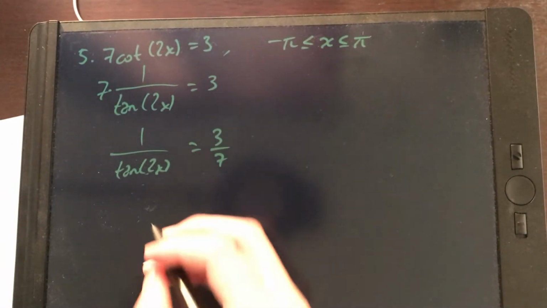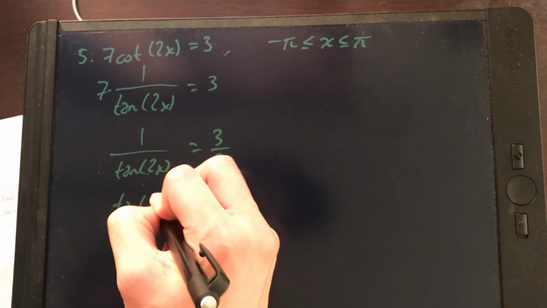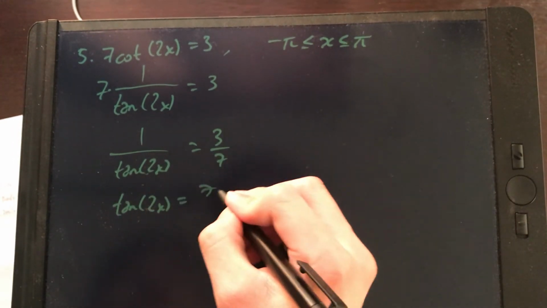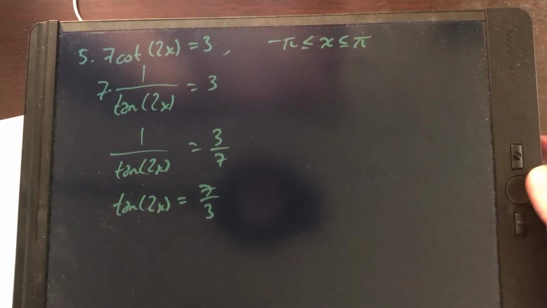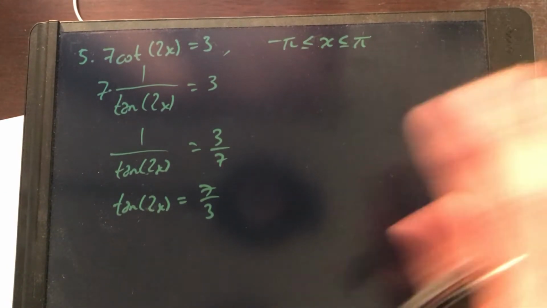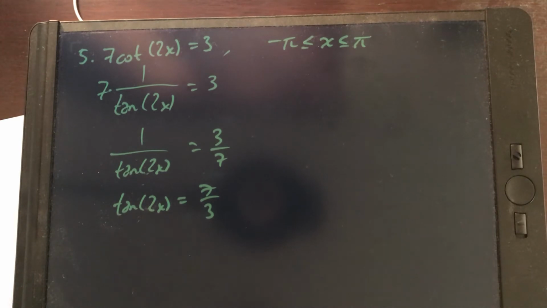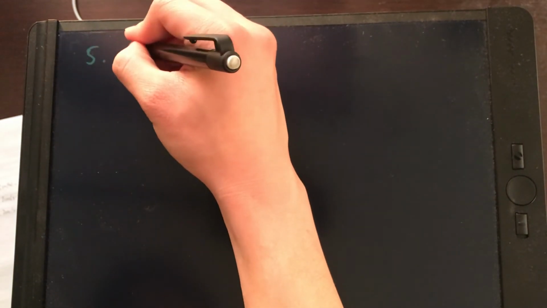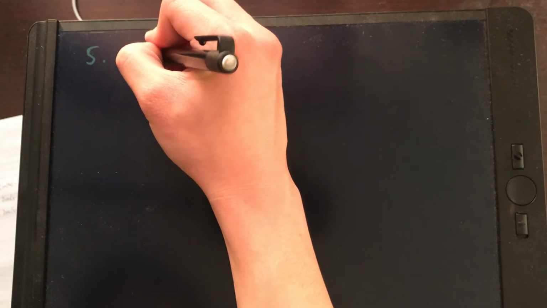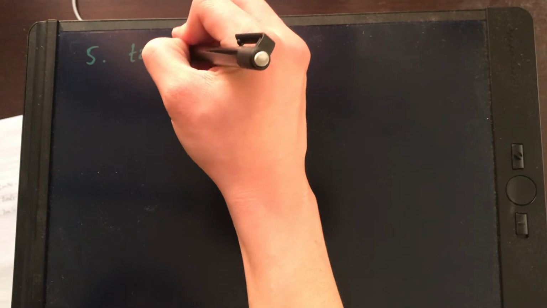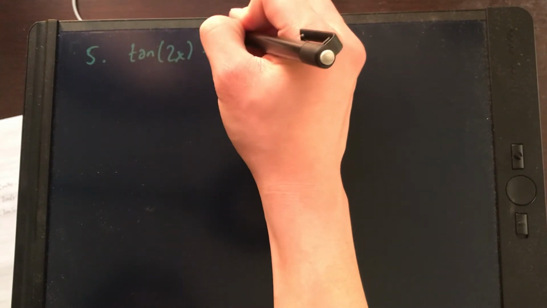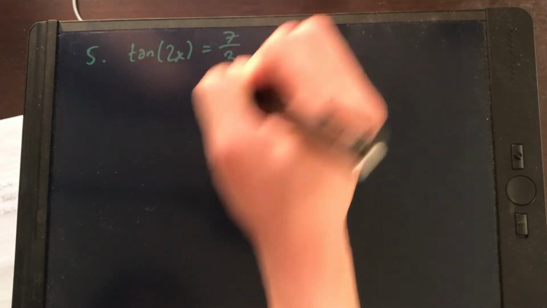And finally, I might say that I have tangent 2x equals 7 over 3. Good to go. I'm just going to rewrite this so we have a little bit more space. Take a look at it. And here we go. So continuing question 5, we have tangent 2x is equal to 7 over 3.